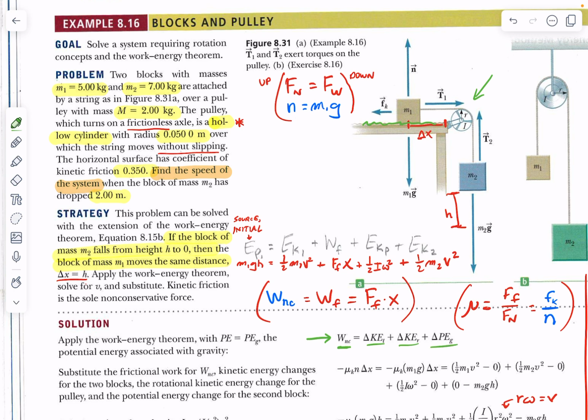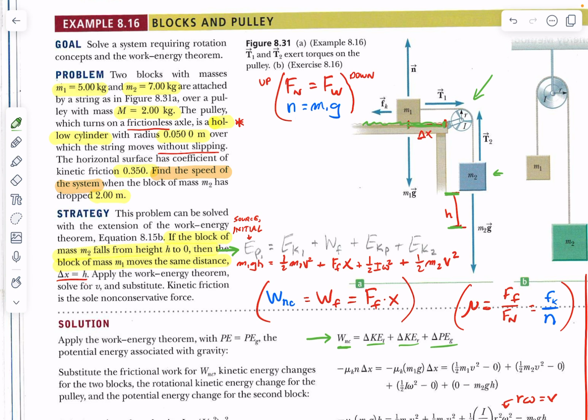I kind of like to use this method right here, where I begin with what's the total energy that I have to start with, the source of the energy that's going to drive the system. And that's going to be M2, this block, falling a certain height, which of course is going to drag this block a certain distance across the tabletop.